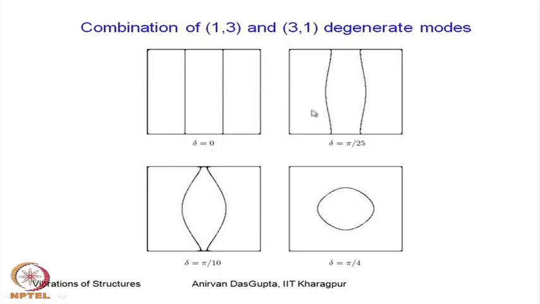So, you see when a square membrane vibrates in this combination, then you will see the nodal line patterns changing continuously through these shapes. So, you will not see a steady nodal line picture on the membrane. The nodal lines will be kind of unsteady. So, this is something very interesting that you can observe in an experiment.